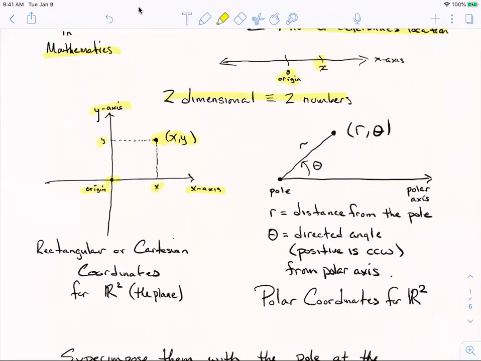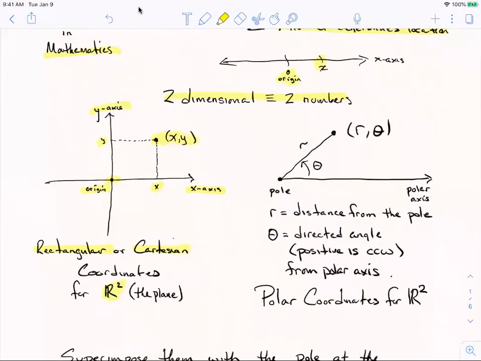So the plane is two-dimensional. It's why we put this 2 on the R. The R stands for the real numbers. The 2 means that we have two of them. And this coordinate system that we've been working in, the XY plane, people call the rectangular, or sometimes the Cartesian coordinate system, after René Descartes, who supposedly formalized it.